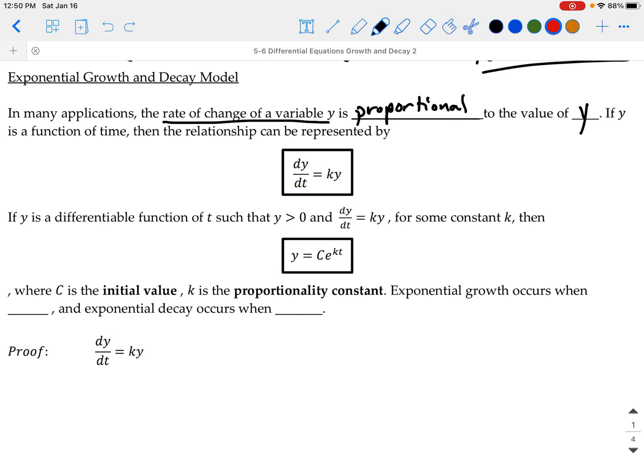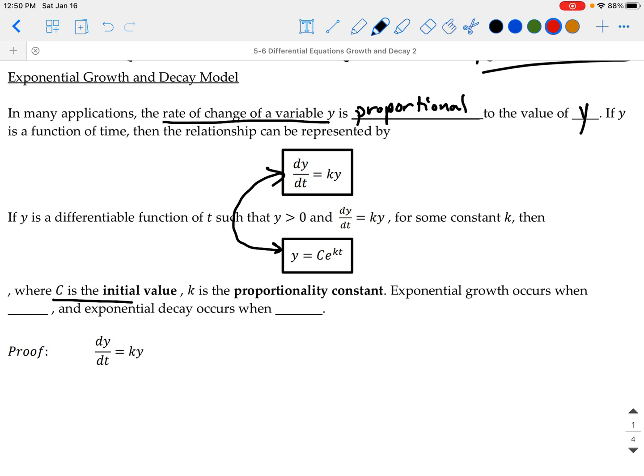And if y is a differentiable function of time, such that y is greater than 0, and we get that derivative, then solving this general equation is going to give us the generalized solution, y equals c e to the kt.